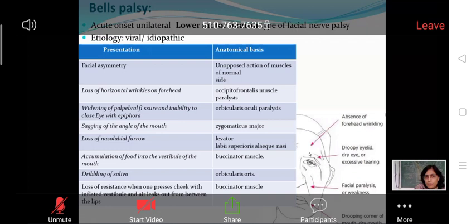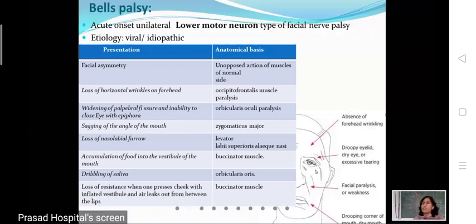Then there is widening of the palpebral fissure and the patient is unable to close his eye. If you ask the patient to shut his eye tightly, he will not be able to do so because of the paralysis of the orbicularis oculi muscle. And because the person is not able to close his eye properly, even during sleeping, what will happen?